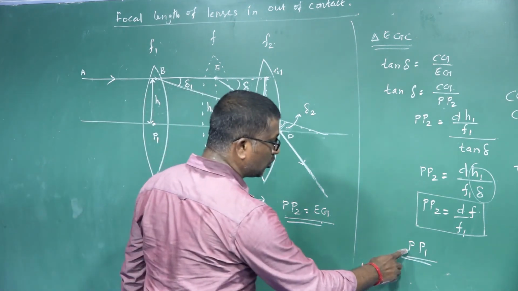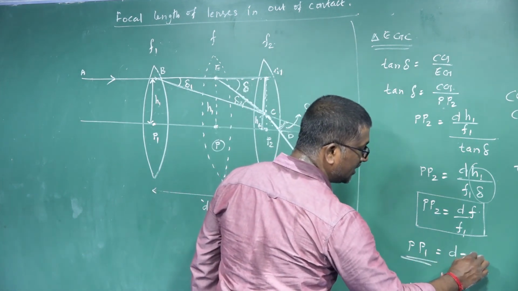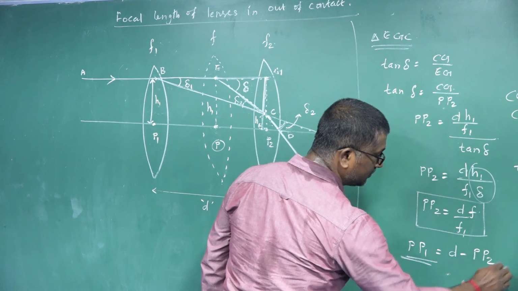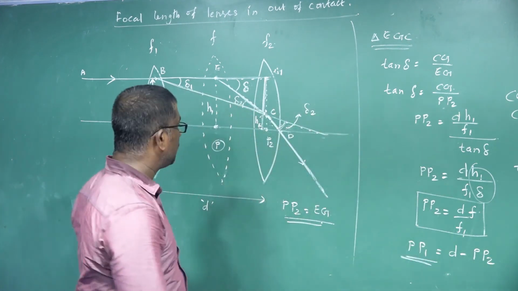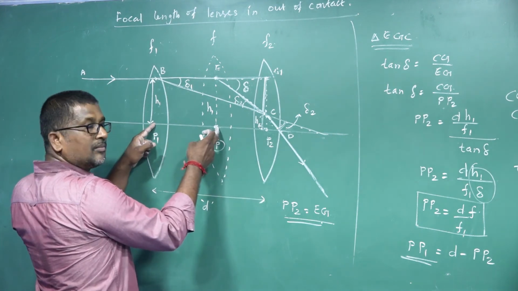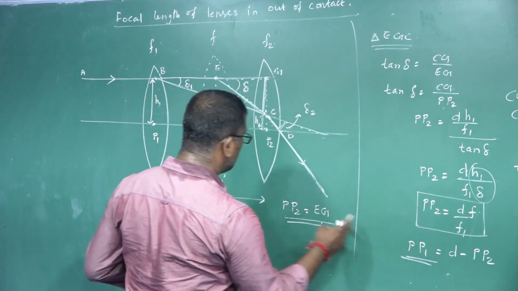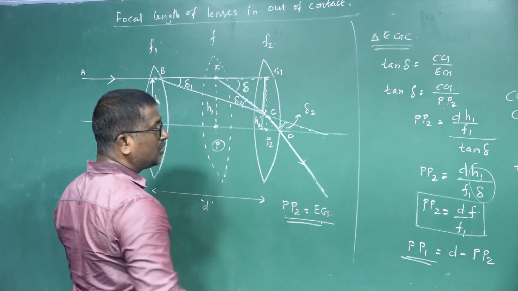So P1 is equal to D minus P2. Subtract P2 from D, we get P1. Right, P1 is equal to D minus P2.